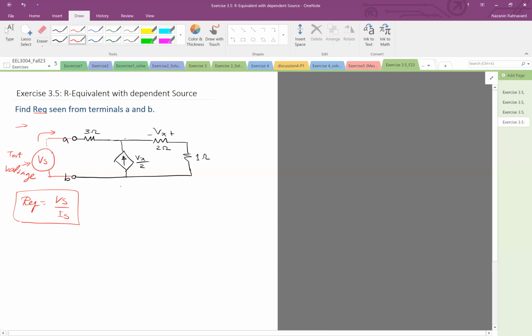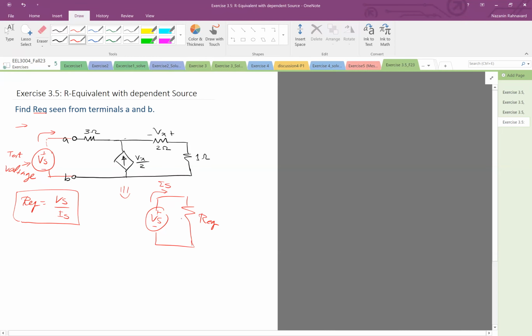In other words, this becomes Vs, and this becomes R equivalent, and this is Is. That's why we say R equals V over I.